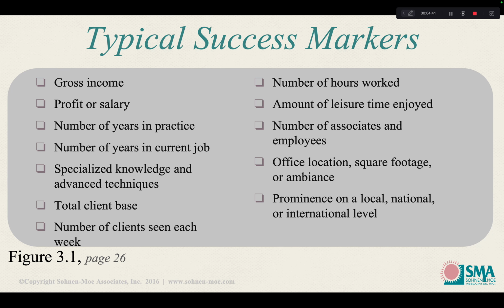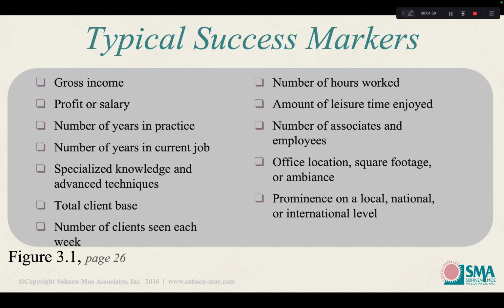So typical success markers would be gross income. Most of us, when we think of success, think of having the money to pay your bills and then some, right? Or live above your means. This could be your profit or salary.